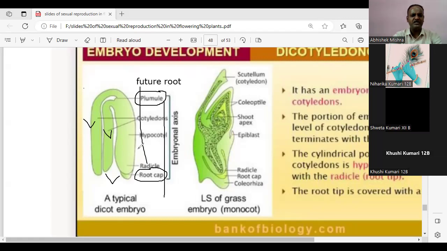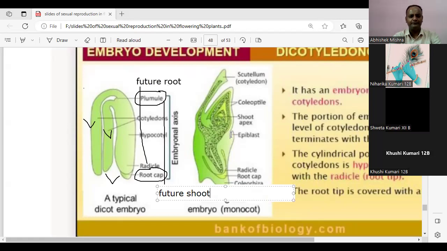The plumule becomes the future shoot. This total area from the plumule to the root cap is called the embryonal axis. And the portion of the embryonal axis between the point of attachment and the radicle is called the hypocotyl.